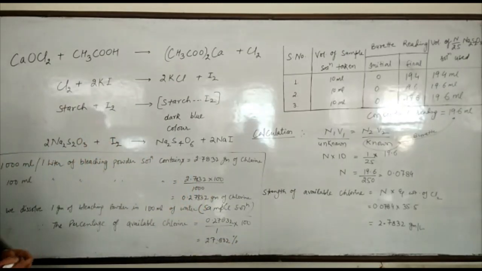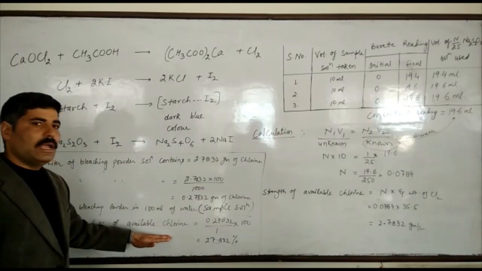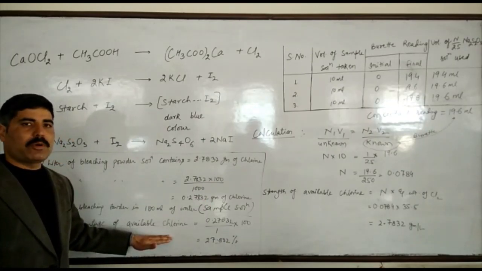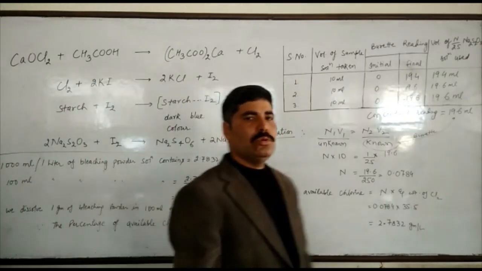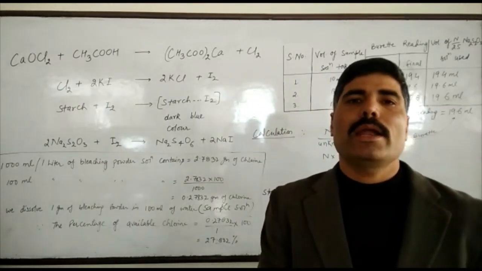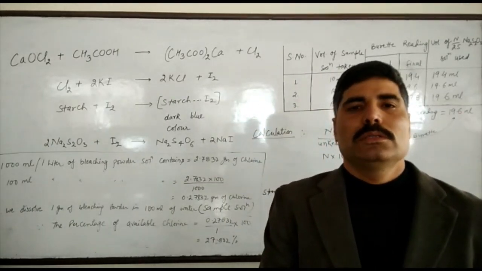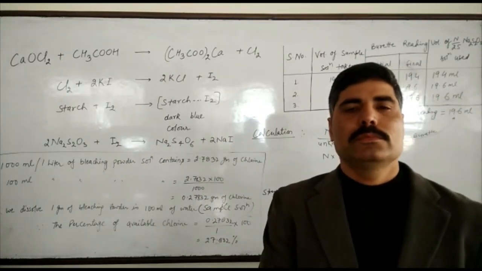So the percentage of available chlorine in the given sample of bleaching powder is 27.832%. This is the way to calculate and report the percentage of available chlorine. Thank you.